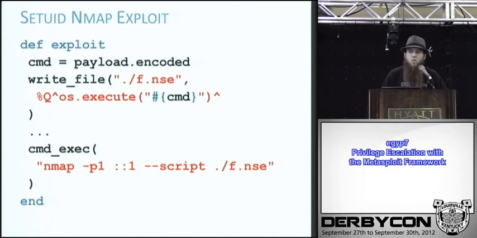On 6, it will, so if you don't give it a host, it'll still run the NSE. On older versions, it doesn't do that. So to force it to read that script, we give it a host of ::1 just because it's short. In the real module, it actually uses 127.0.0.1, but it didn't fit on the slide, so there you go.